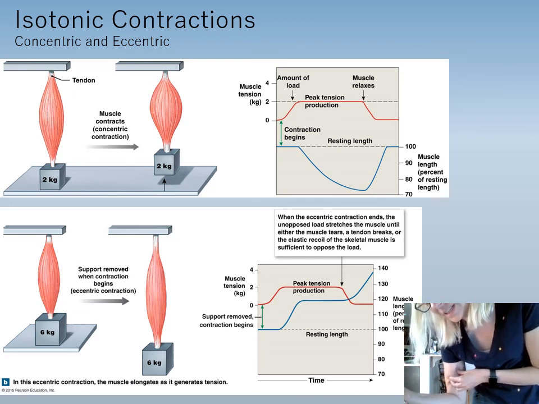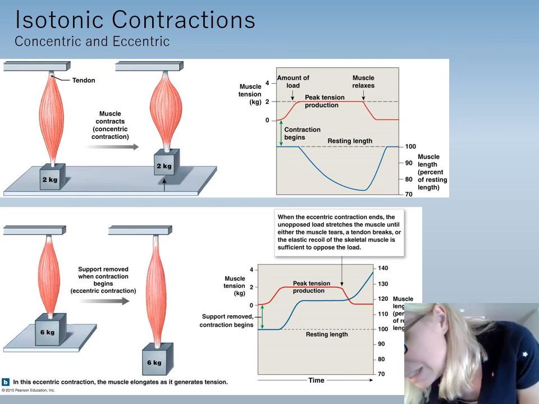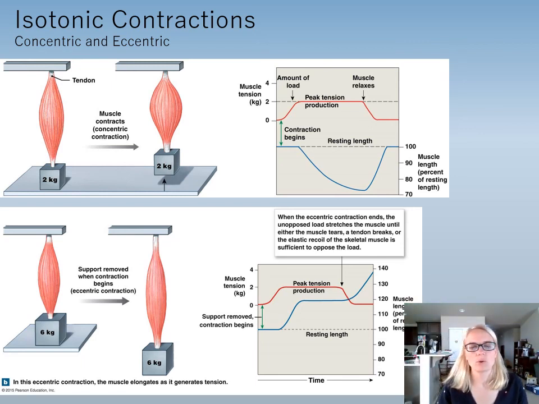Yeah, you're still producing tension, but your muscle is lengthening. So this is what we call an eccentric contraction. So you are producing tension, but the muscle is getting longer. It's just the resistance is more than the tension that you can produce. Okay, so concentric is getting shorter, eccentric is getting longer, but in both cases you have tension being produced.